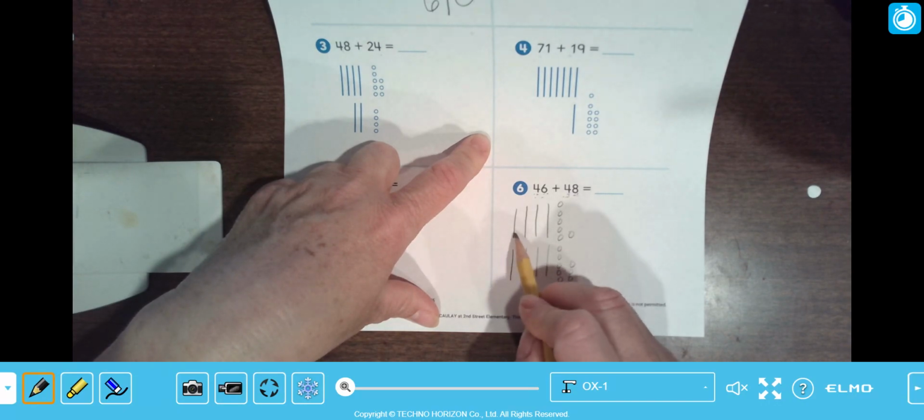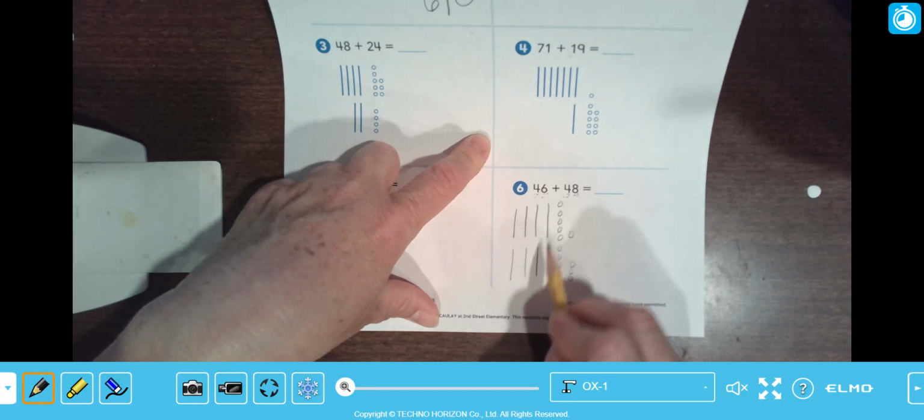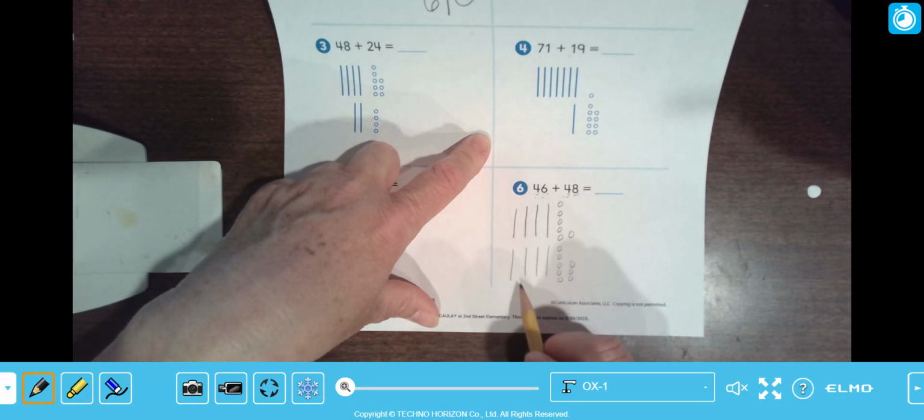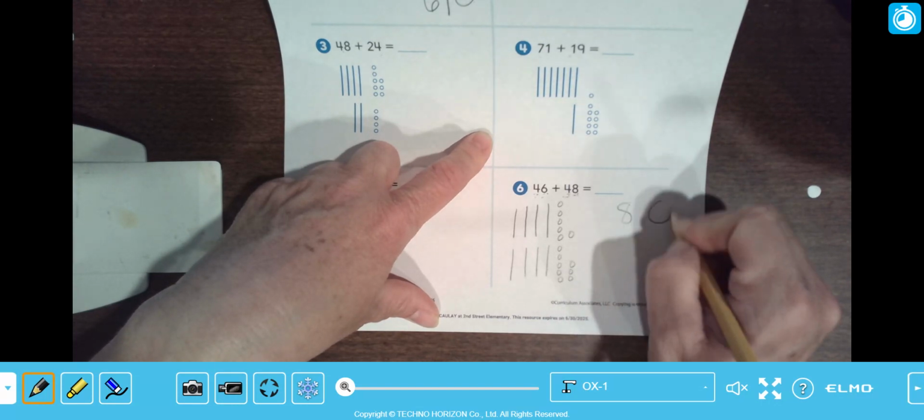Okay, here we go. 10, 20, 30, 40, 50, 60, 70, 80. So how many in the tens? Yes, 80. So right up here we're going to write out 80, the number 80.